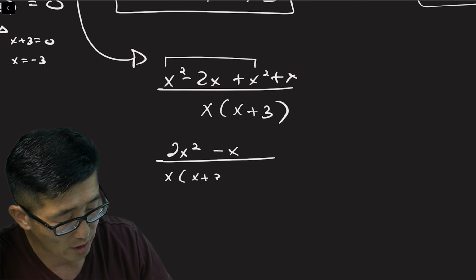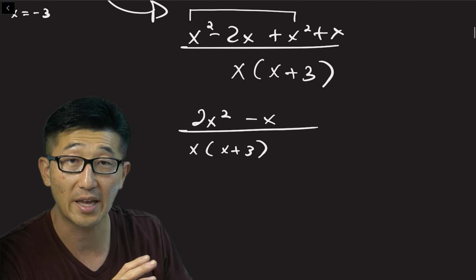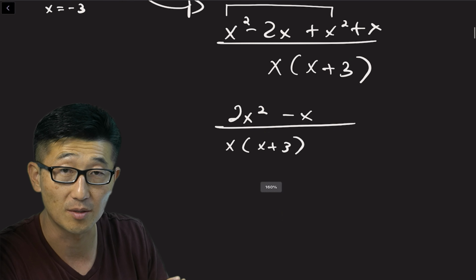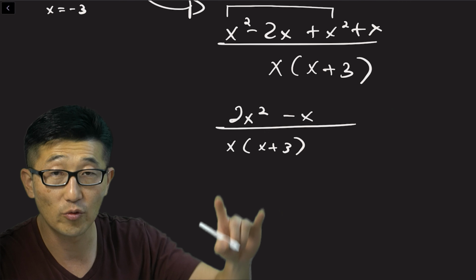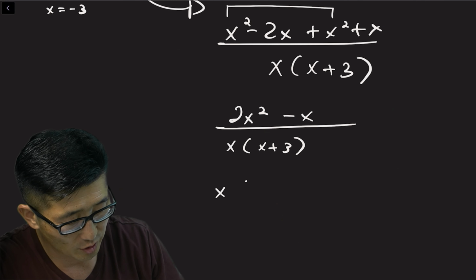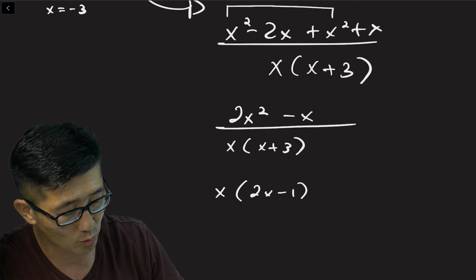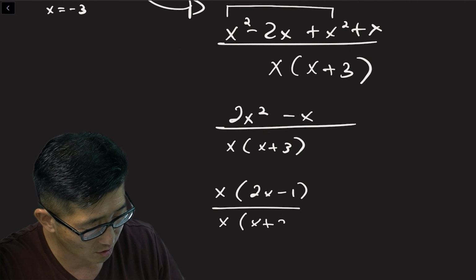And again, you ask the question, should I factor the numerator and will it cancel something out with the denominator? Now, if you can't tell, just give it a try. So you realize that both of these terms have x in common. So you pull that out and this becomes 2x minus 1 over x times (x plus 3).